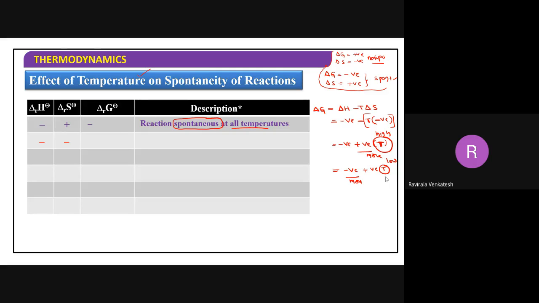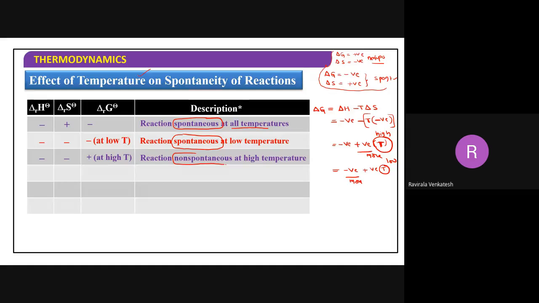So at high temperature, this process will be non-spontaneous. At low temperature, the process will be spontaneous. Do you understand this? Yes, sir. At low temperature, definitely it is spontaneous. At high temperature, it is non-spontaneous.